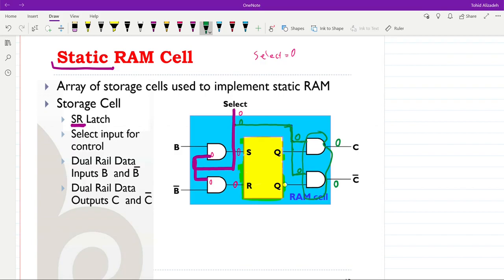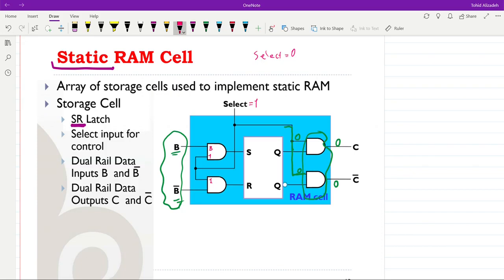On the input side, when select is equal to 0, whatever value we have for B and not B will not be important. But when select is equal to 1, let me just change it here. If we set select to 1, this 1 will appear at one input of the AND gates.